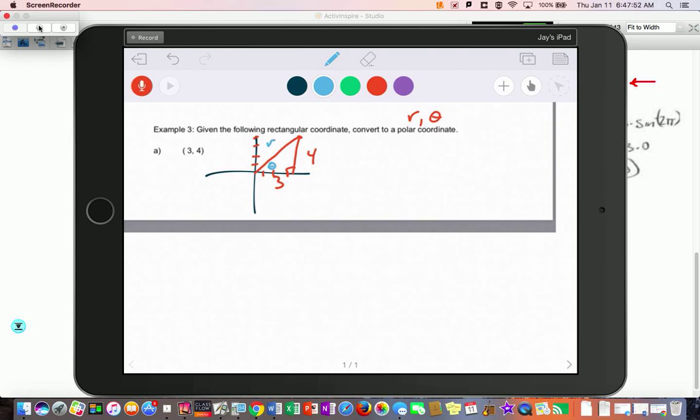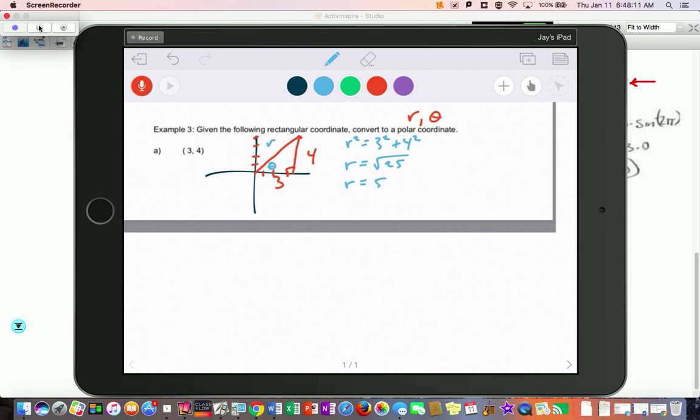Well, r is pretty easy because that's the Pythagorean theorem. So r squared equals 3 squared plus 4 squared. So r will be the square root of 25. So r is 5. Now you have all 3 sides of the triangle.